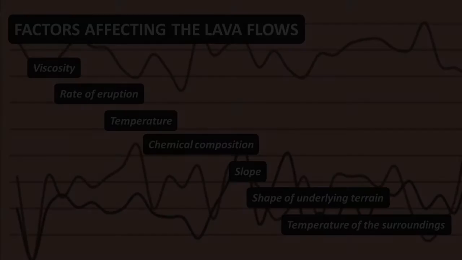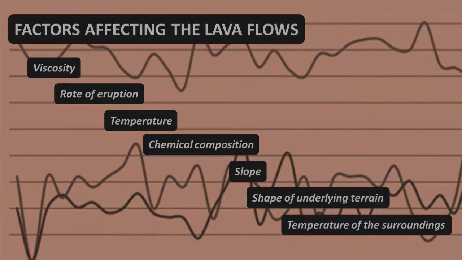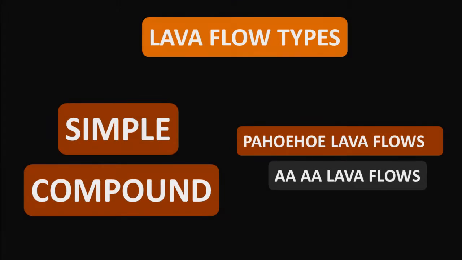Lava flows too can be classified in various ways and affected by various factors. For example, viscosity, rate of eruption, temperature, chemical composition, slope and shape of the underlying terrain, the temperature of their surroundings, etc. In this experiment, we will be observing two types of lava flows, namely compound and simple.